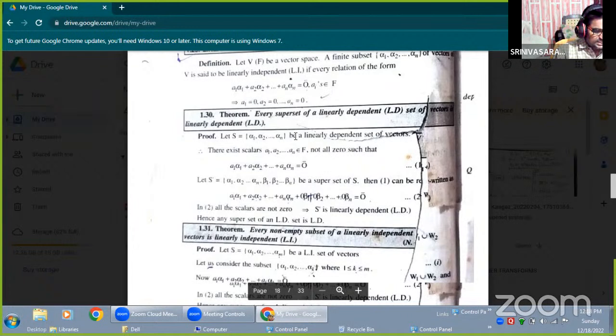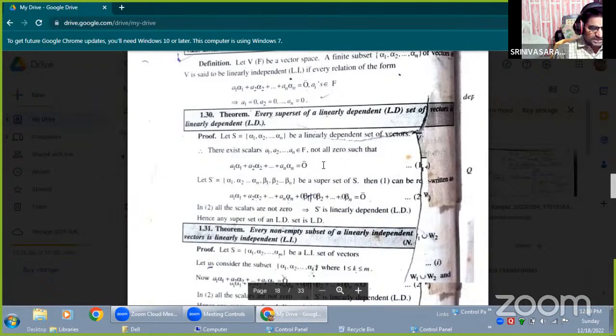Linearly dependent means we apply the definition given in this expression to the corresponding vectors and arrange some scalars, which are elements of the field. Now this is A1 alpha 1, A2 alpha 2, so on An alpha n.